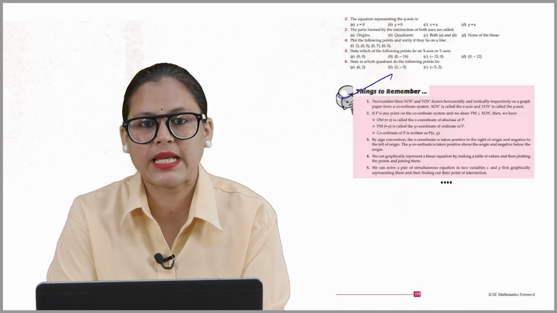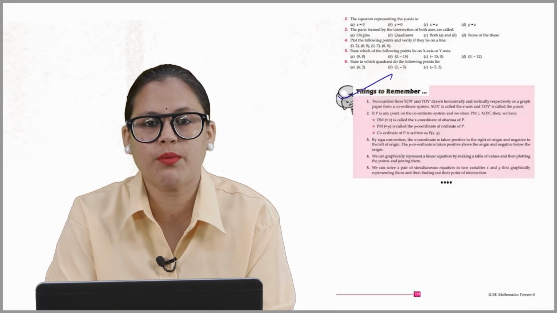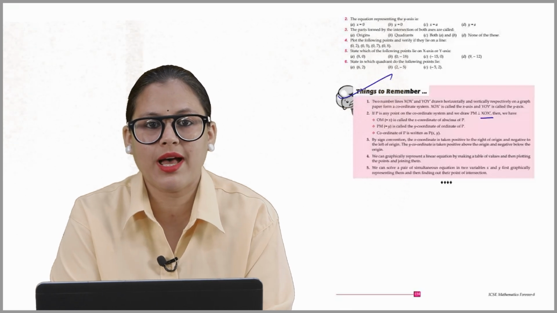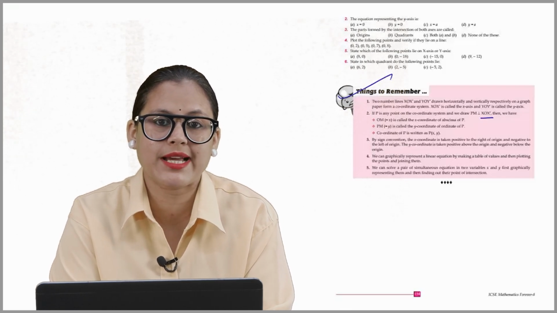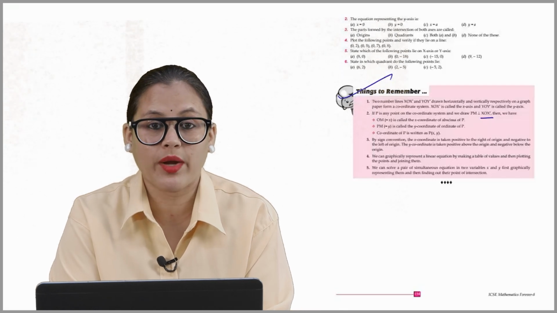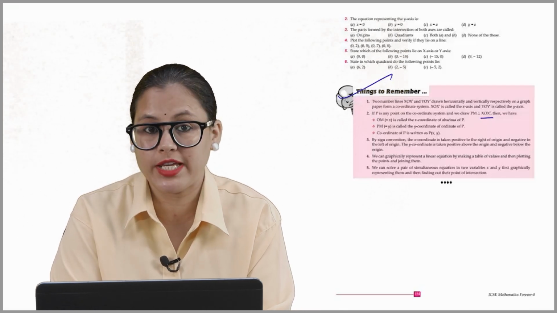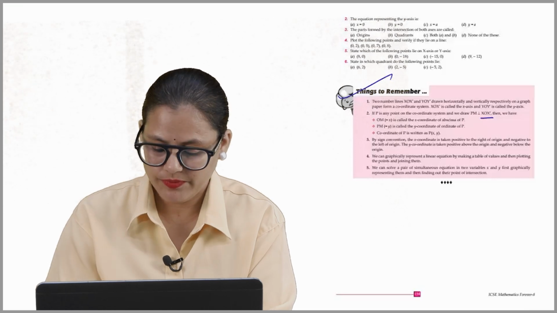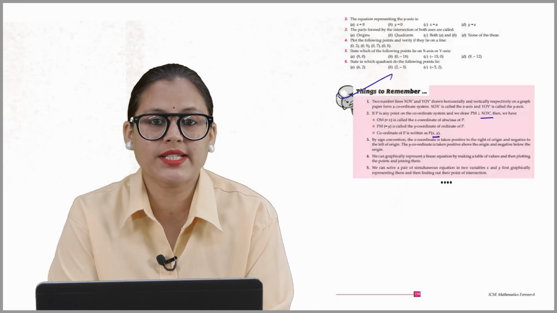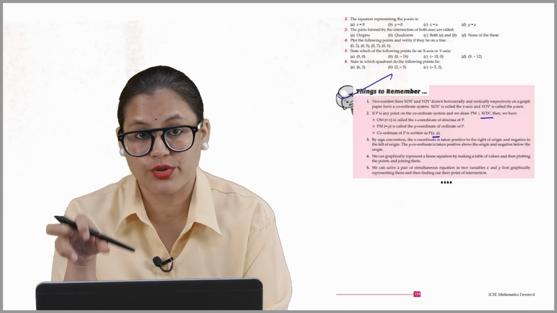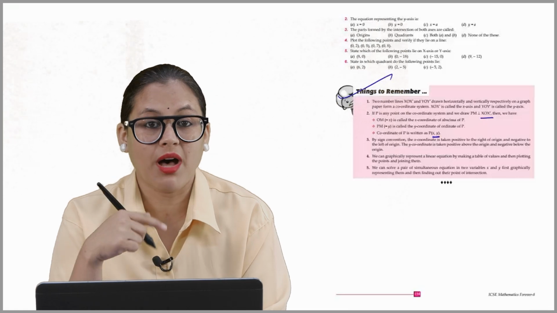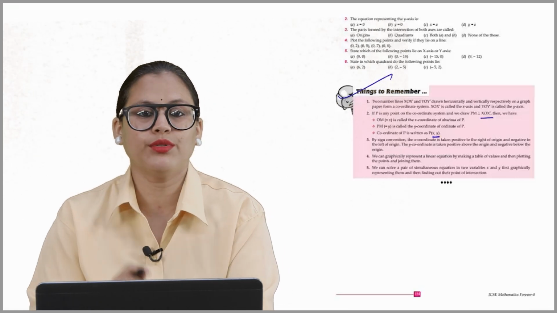Number 2, if P is any point on the coordinate system and we draw PM perpendicular to XOX', then OM is equal to x, called the x-coordinate or abscissa of P. PM is equal to y, called the y-coordinate or ordinate of P, and the coordinates of P are written as P(x, y). Number 3, by sign convention, the x-coordinate is taken positive to the right of the origin and negative to the left of the origin. The y-coordinate is taken positive above the origin and negative below the origin.